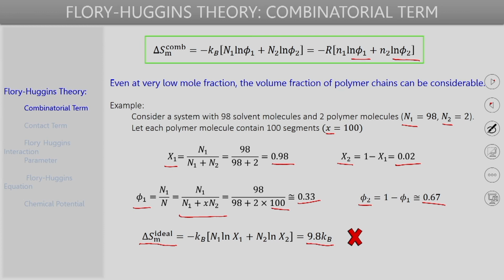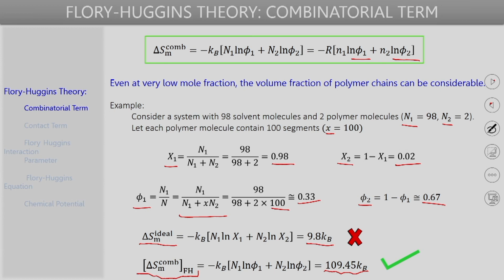For a polymer solution, because the polymer chains are long and connected to each other, the correct expression to use is the combinatorial entropy term derived for the Flory-Huggins theory. If we do the calculation using that equation, it comes out to be 109.45 kB, which will be the correct value for a polymer solution.